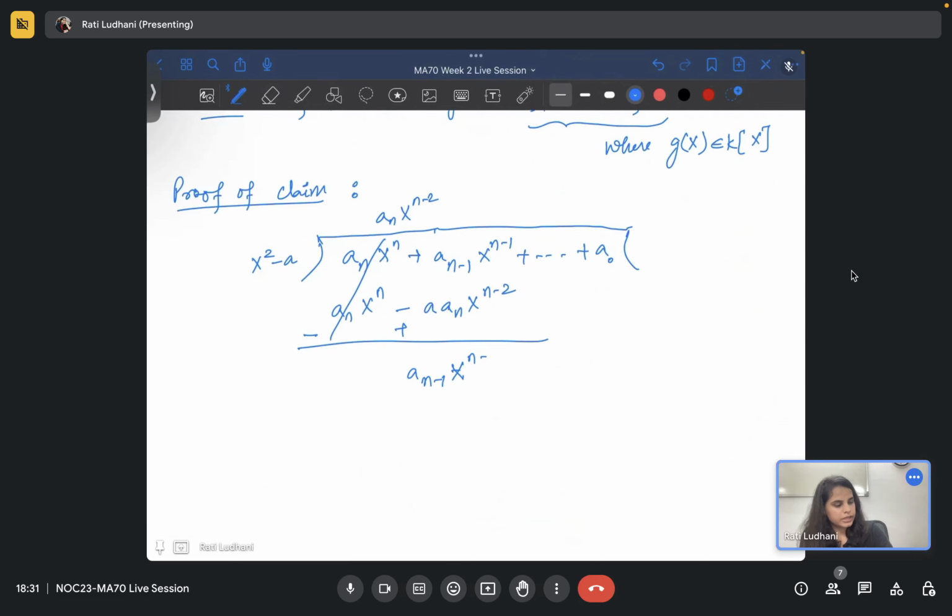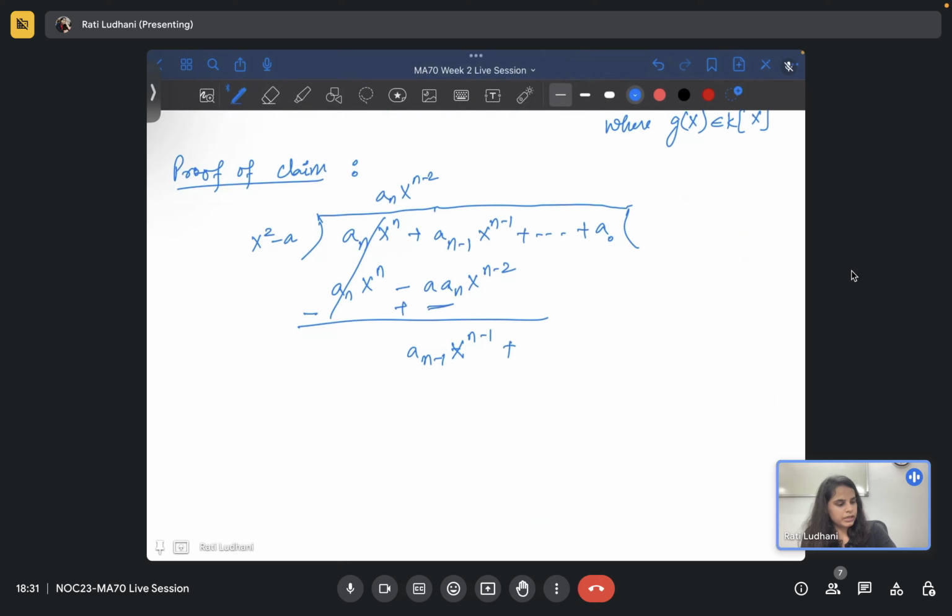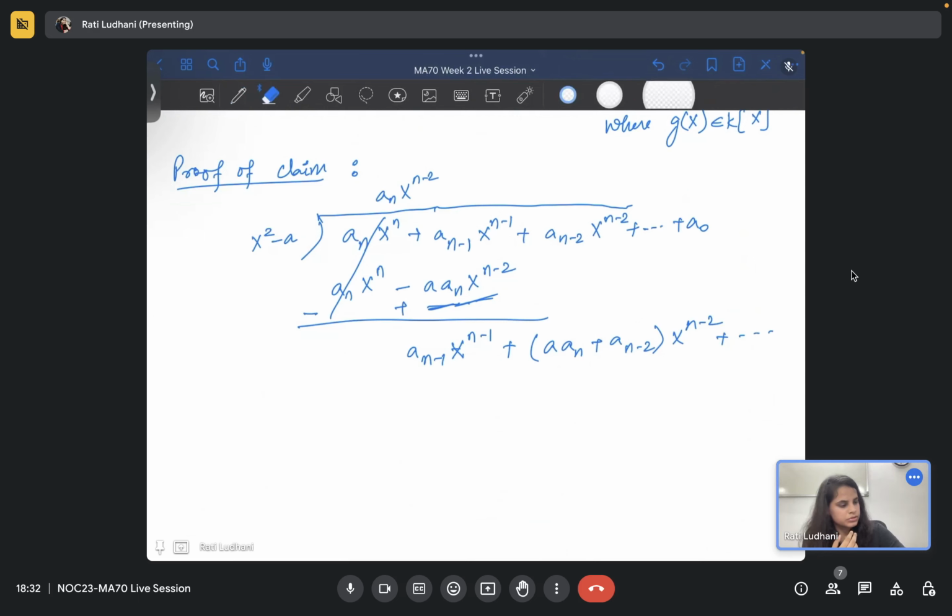This x raised to power n minus 1 is as it is, and a_n x raised to power n minus 2 is coming from here, and then there is a term like this. This is a polynomial, so I can write you will get a_n plus a_(n-2) x raised to power n minus 2, and so on, the other terms of the polynomial, or a_(n-3) x raised to power n minus 3, plus up to and so on.